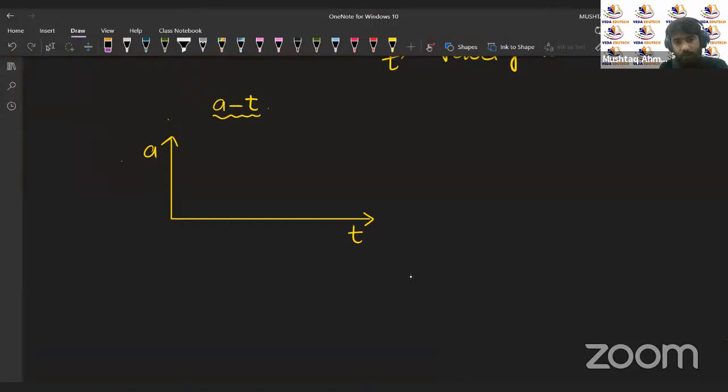If this is the acceleration-time graph, it means it's a straight line parallel to the x-axis, or we can say that the slope of this graph is equal to 0. It means that acceleration is not changing. If the acceleration is not changing, we can say that this is a graph of constant acceleration, right?